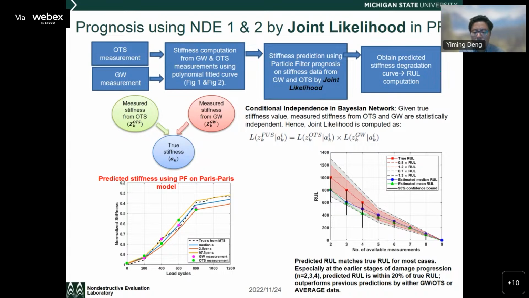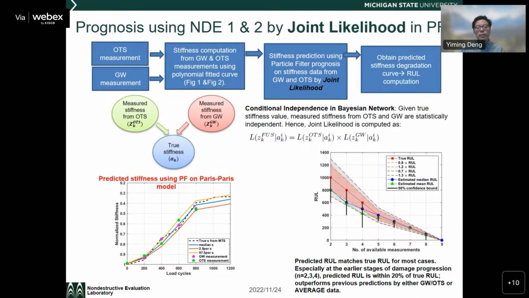And the number is within 20% of the true RUL. This clearly outperforms the previous predictions by either individual method or the average data, which, as I mentioned, does not have a very good physical ground for simple averaging.